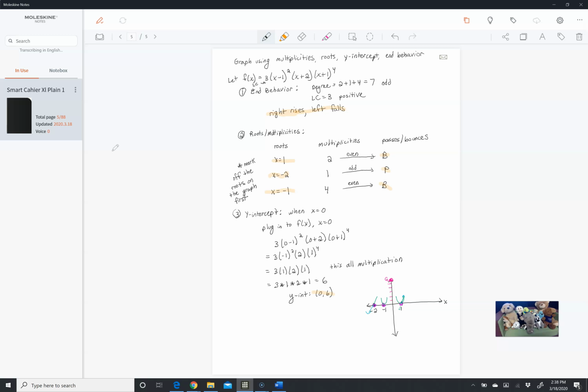And we know that we're going to pass through that, but what we don't really know is the turning point. We don't know how high up we go. So this is where it's a sketch. So if we finish the sketch, we're going to approximate the turning points. So we're going to go through this 6.